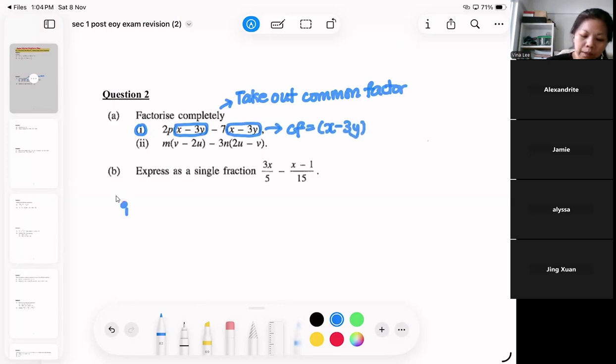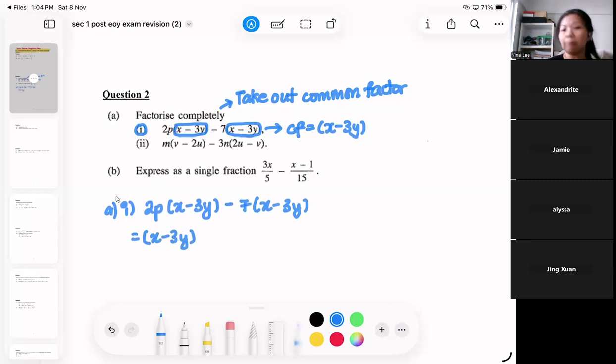So that means it is something that I can divide out.